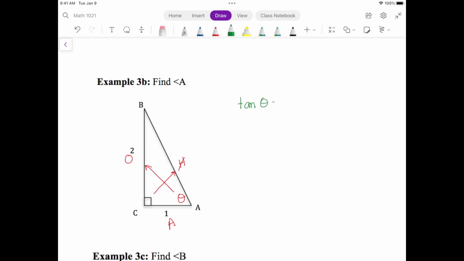So tan of my angle is opposite over adjacent. So tan of my angle is going to be 2 over 1. And again, to find the angle itself, we're going to use the inverse. And I get an angle of 63.43 if I round to 2 decimal places.